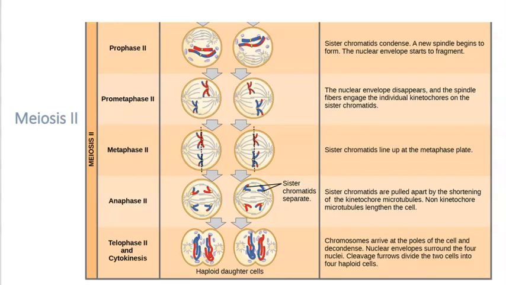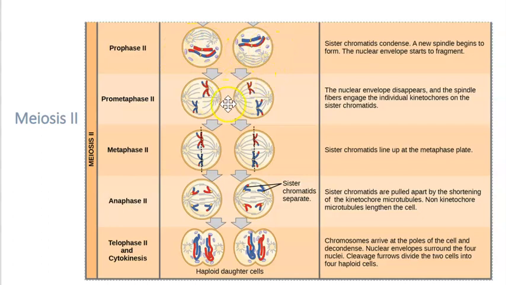Now, prophase 2 is going to be extremely brief. It's very similar to the events we talked about in prophase of mitosis. You can see that the nucleus is breaking down, and the mitotic spindle is forming.